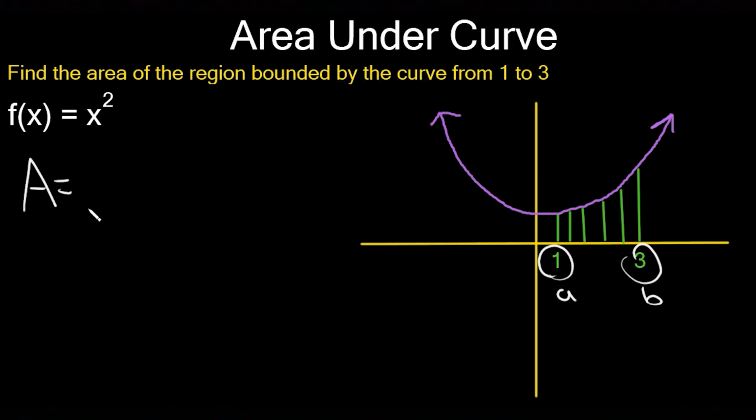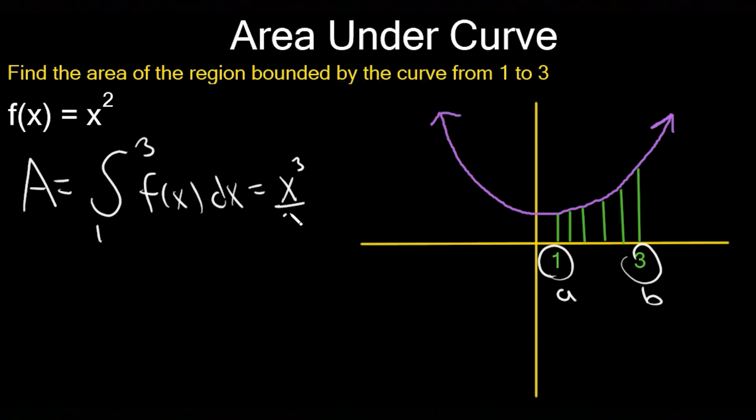When I write this out, I'm going to write my integral from 1 to 3, and then take the antiderivative of f of x dx, which we know is going to be x to the third power all over 3. Again, I'm just using the power rule here.